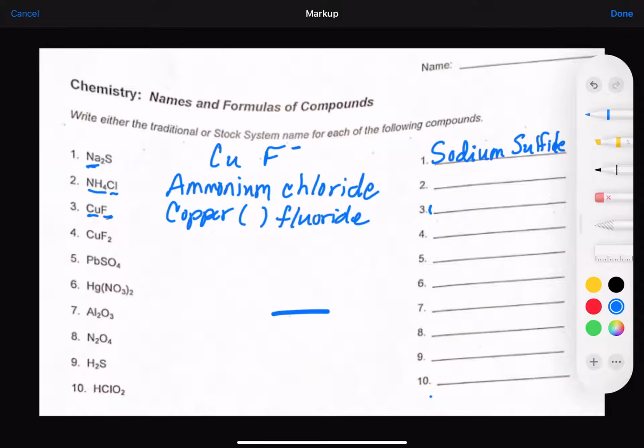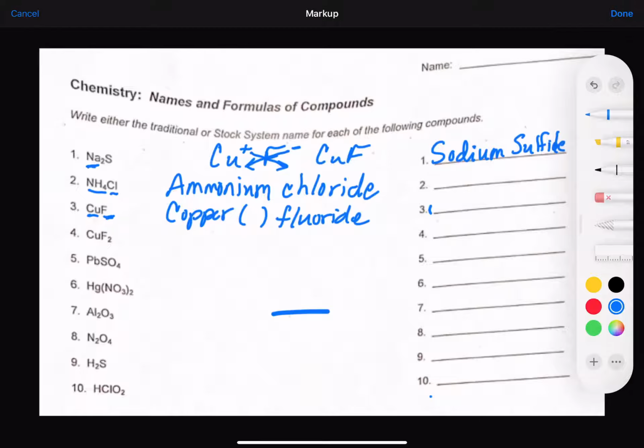Because there's no subscript down here, we know that copper is a +1, because when they form a compound, you take the charge and you crisscross to know what subscript you have. So that 1 comes by the 1 here, and that 1 goes right there. Basically, copper has 1 electron to give away because it's a +1 charge. Fluorine wants 1 electron, so they're going to bond in a 1-to-1 ratio.